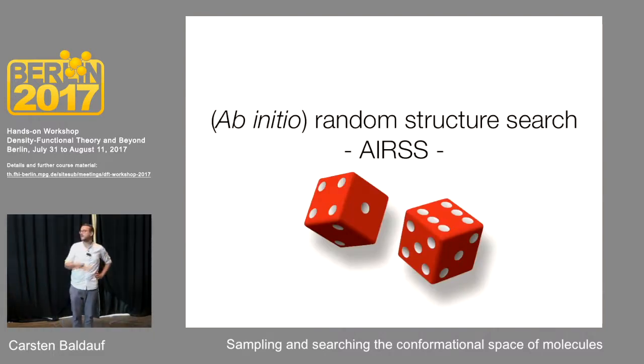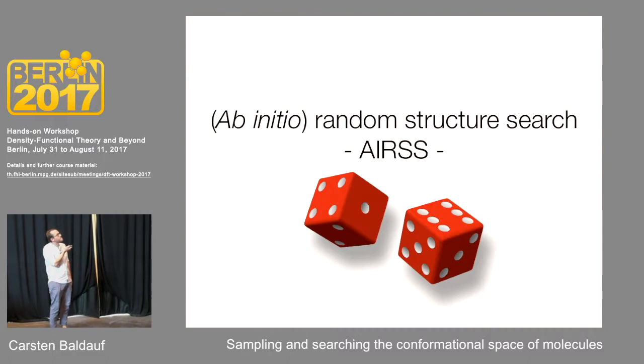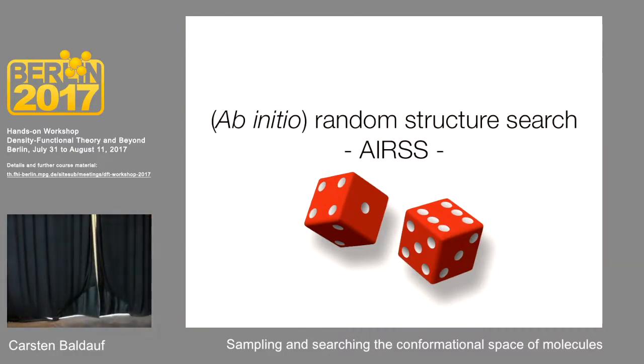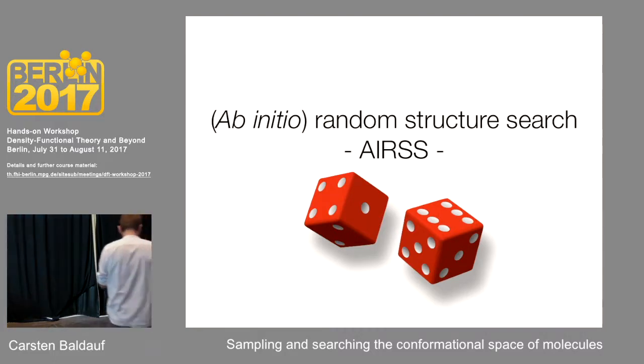One option is this ab initio random structure search, which I kind of like, and Matthias has to smile a bit, which Pickard and Needs essentially pioneered, where the search really only happens by randomly jumping around on such an energy landscape.